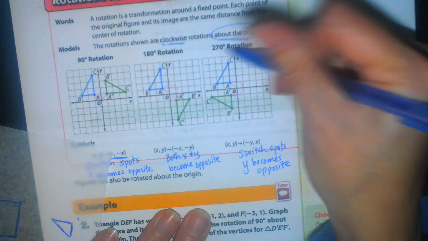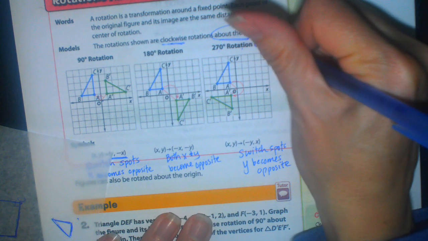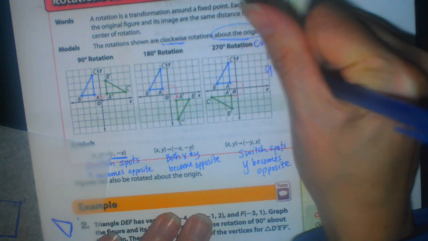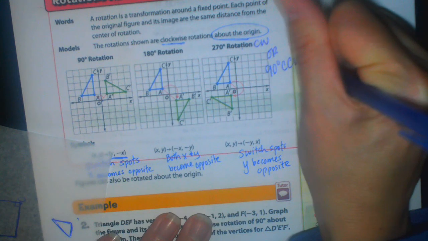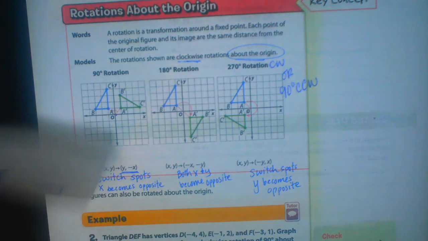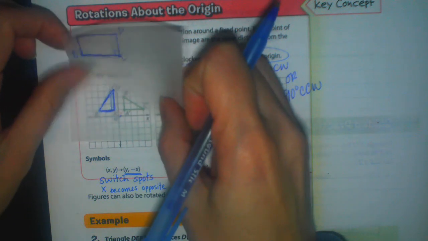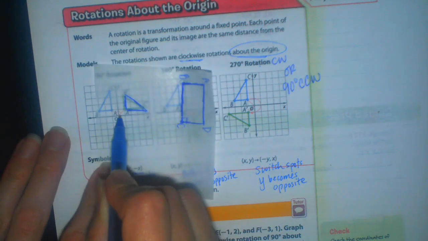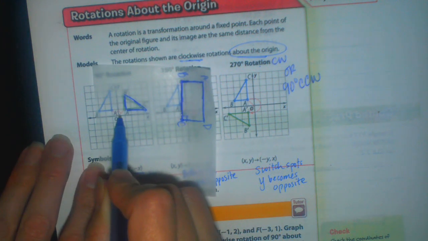So not only is this a 270 degrees rotation clockwise, it's also 90 degrees counterclockwise. Okay, look at this one. If I take the original, here's 90, here's 180, and there's 270.